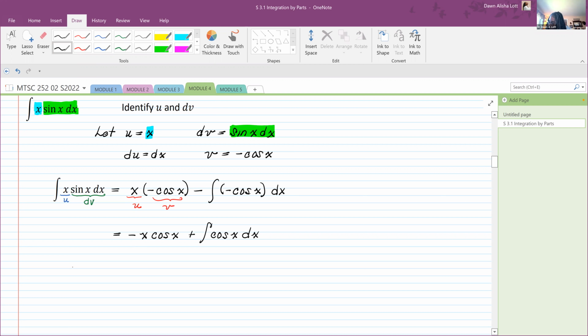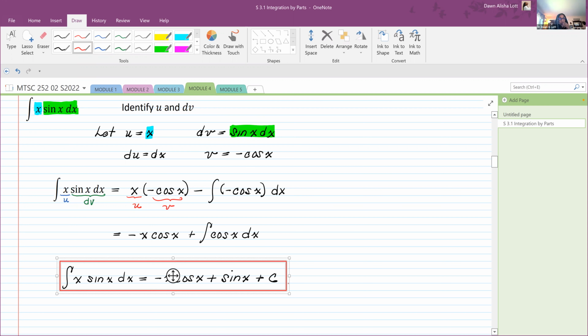So now I'm done. The integral of x sine of x dx was uv minus the integral of v du, which is sine of x. And I am completely done, so I add on my plus c. Okay, any questions?